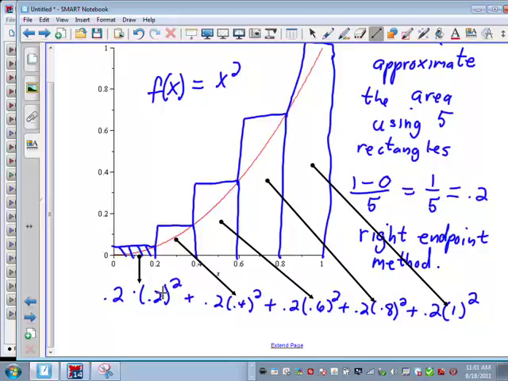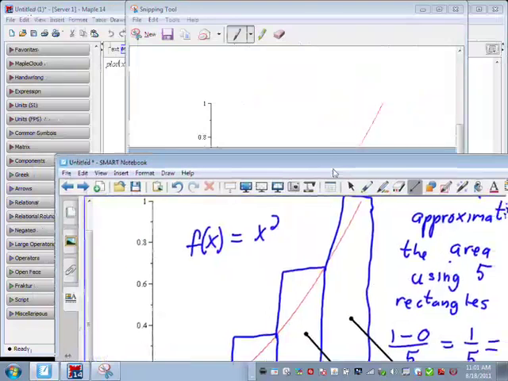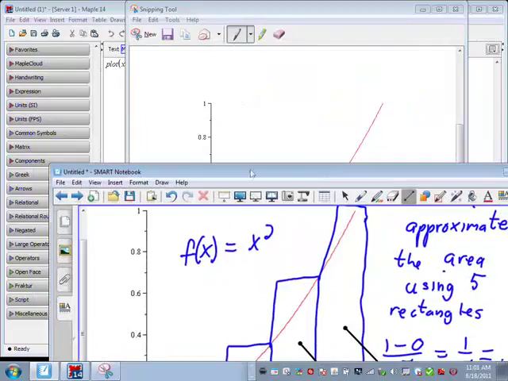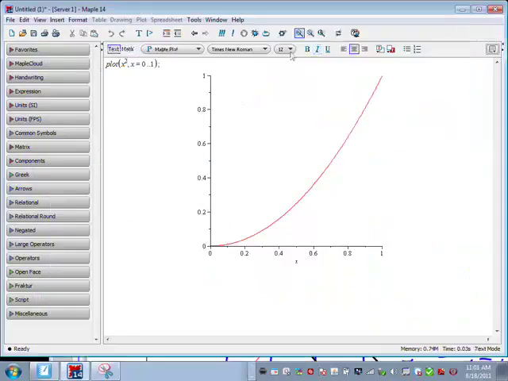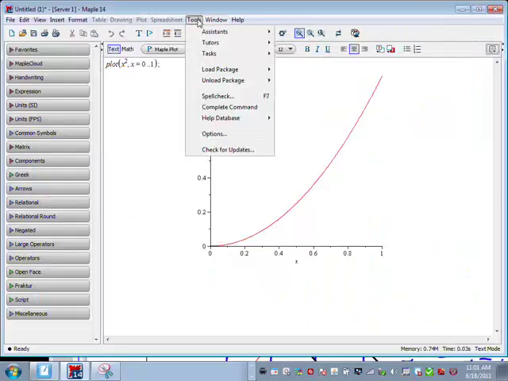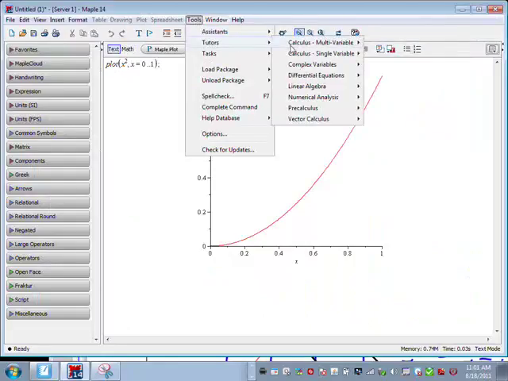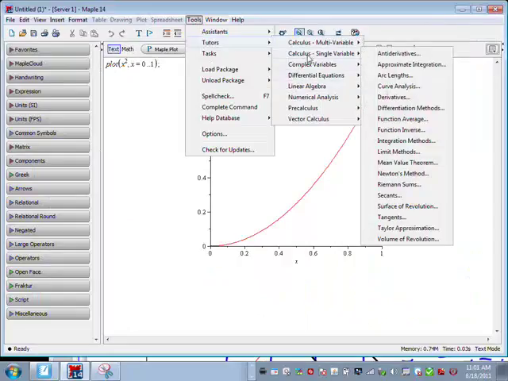I'll be writing it soon. So what is that number? Does anyone know what that number is? We'll calculate it. Let's go into Maple. Maple does this for us pretty straightforwardly.